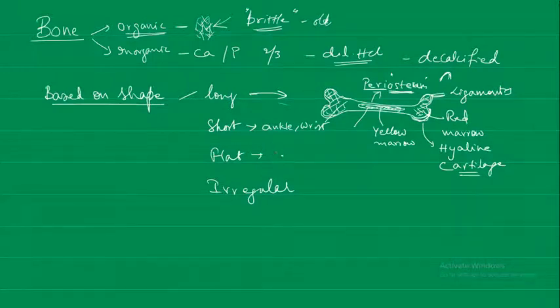The flat bones are composed of two or more parallel plates of compact bone enclosed by the spongy bone. For example, the shoulder blade, which comes almost like a triangle, and the skull and sternum.